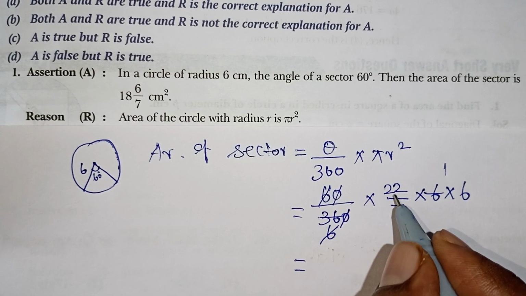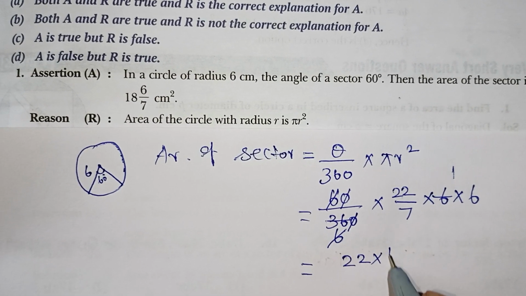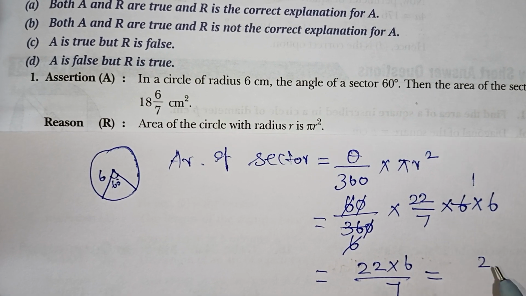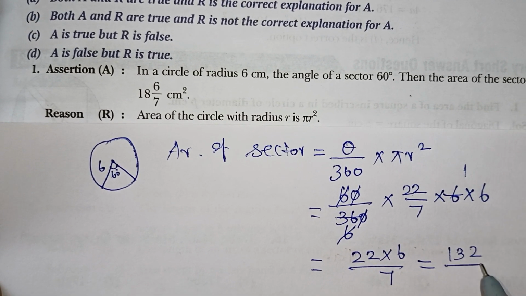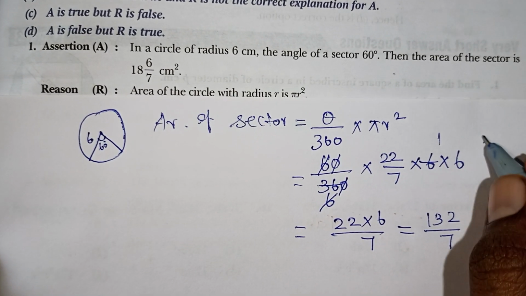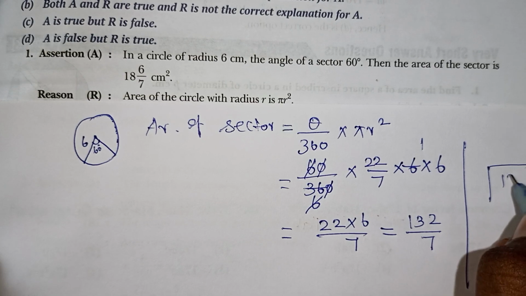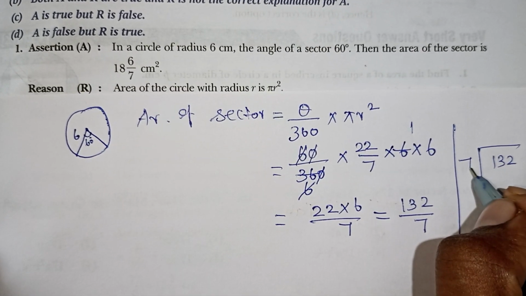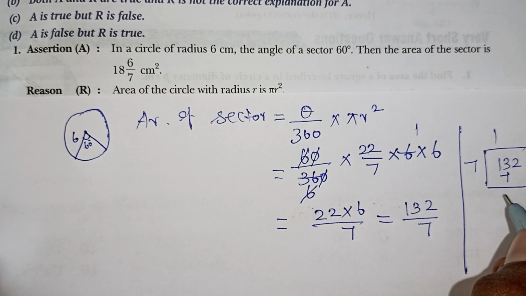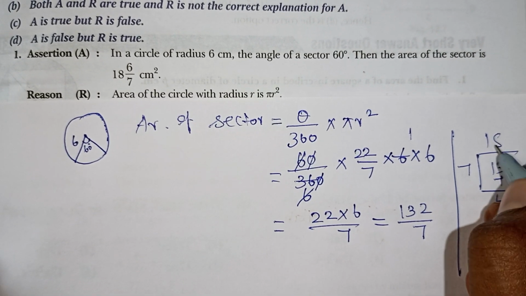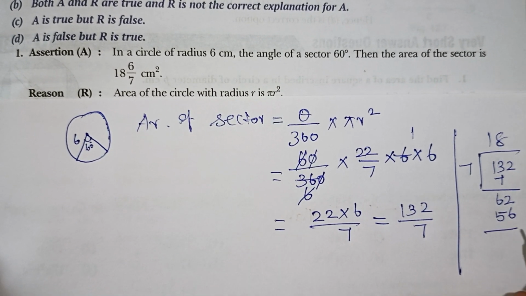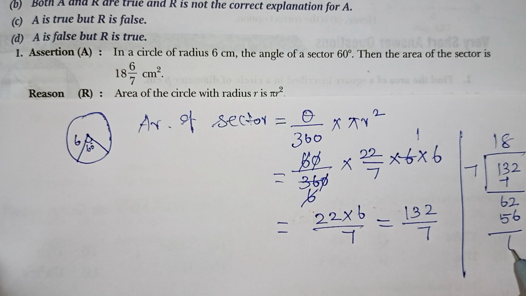Now the remaining terms: in the numerator we have 22 multiplied by 6 and the denominator is 7. So 2 6 are 12, balance 1, 2 6 are 12, so 132 by 7. Here the given option is in a mixed fraction, so let's convert this number. 132 by 7: 7 ones are 7, balance 62. 7 eights are 56, balance 6.